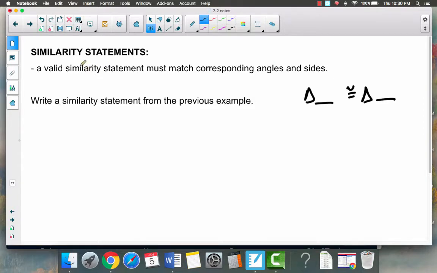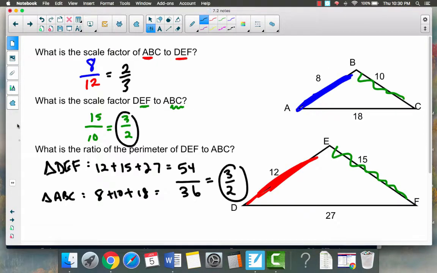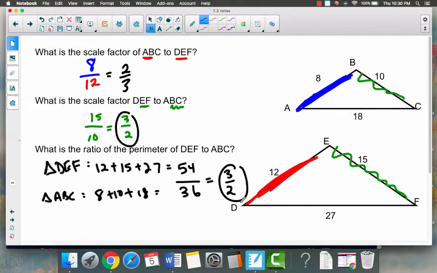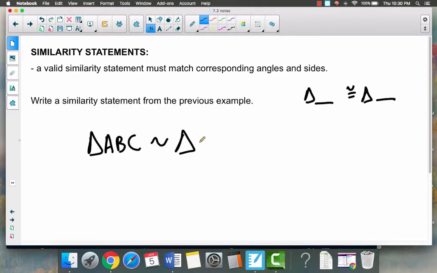So if we look at the last example, here we've got triangle ABC and triangle DEF. If I wanted to write a similarity statement for those, I would have to say that triangle ABC has to be similar to triangle, and then we'd have to go back in the same order, so triangle D, E, and then F. And what this tells us is that angle A would have to go with angle D, and angle B would match up with E, and angle C would match up with angle F, and then also that the corresponding sides would be the same.